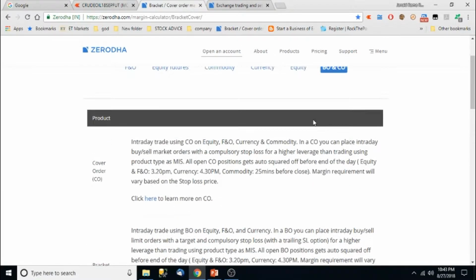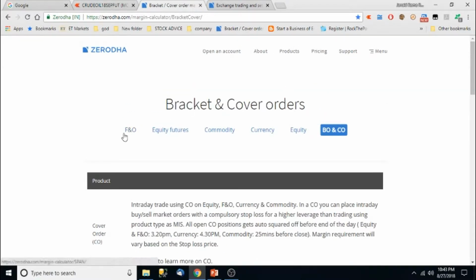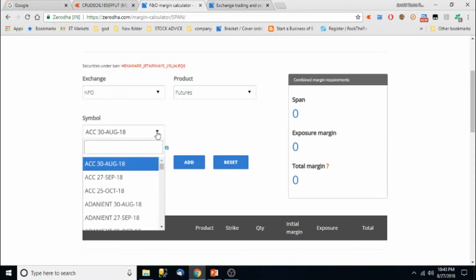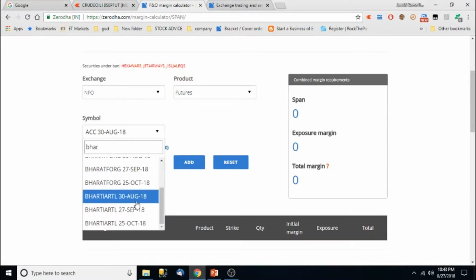So let's go for the F&O section. In F&O, the exchange will automatically be NSE, the National Stock Exchange, futures and options. If we select futures and select Bharti Airtel, we have to select the particular expiry date also.